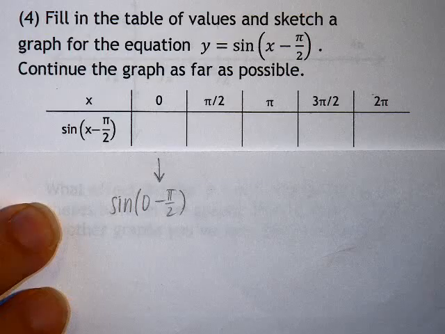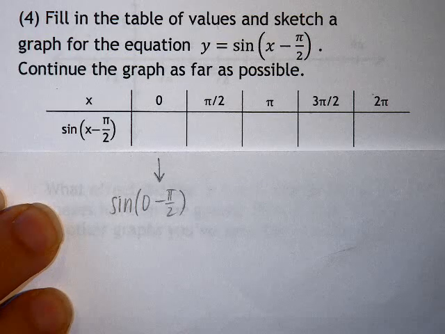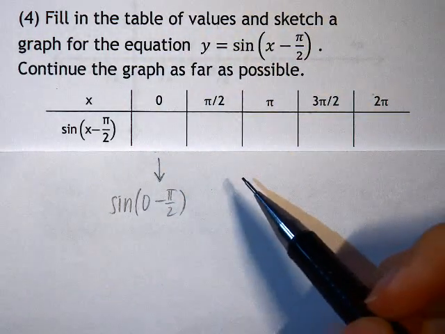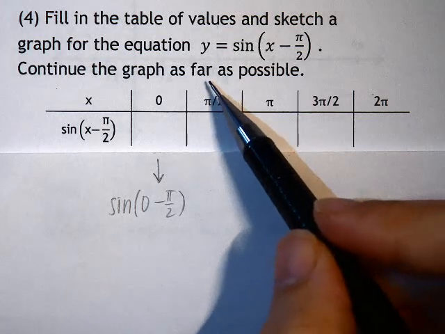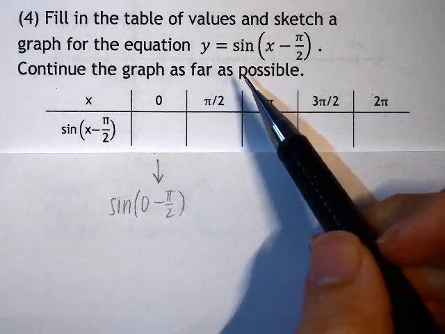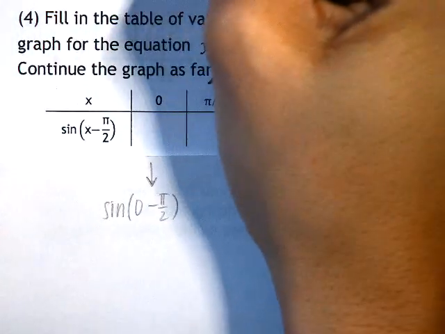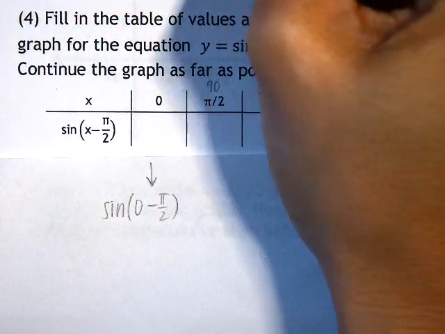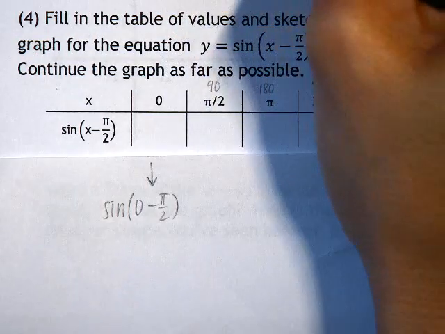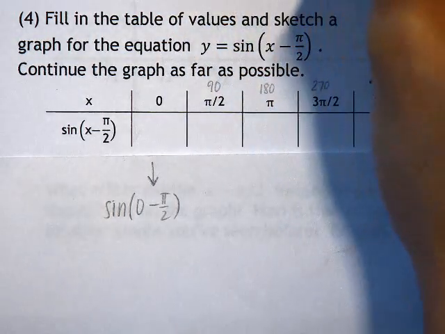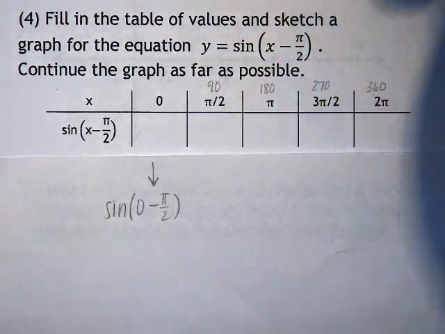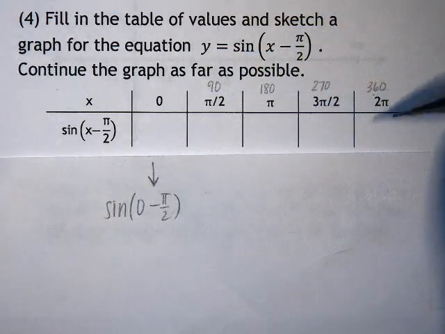Now that might seem like, wait, what do I do with that? So just think about this logically. Or if it's more helpful to you, pretend that pi over 2 is 90 degrees and see if that's more helpful. Some people actually find that converting these numbers to their degree measures makes the graph a little bit easier to picture because instead of working with pi's, we're working with more familiar numbers.